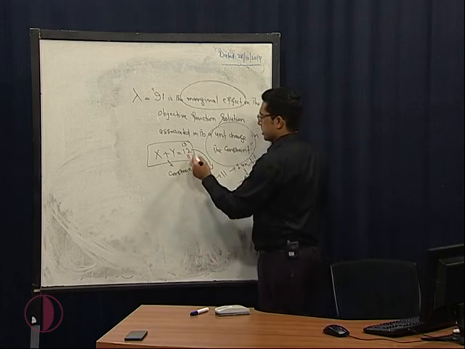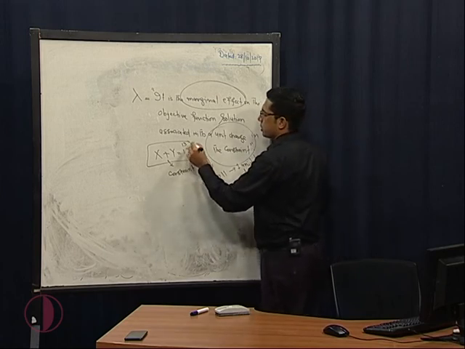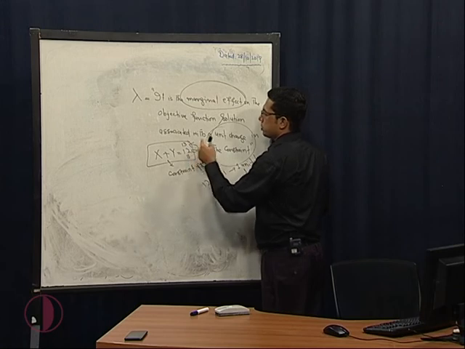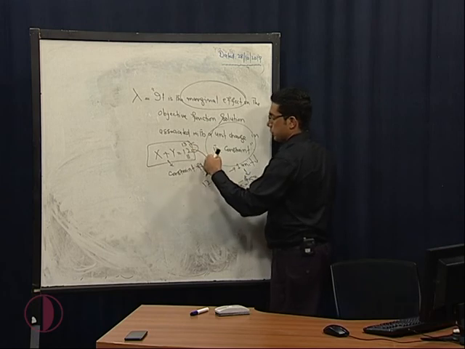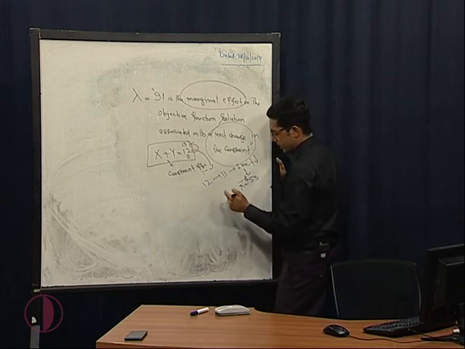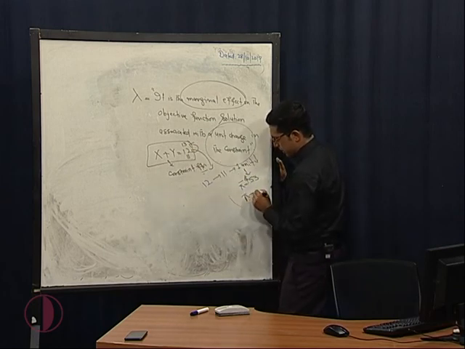If we increase the output capacity from 12 to 13, the total profit of the business firm will increase by $53 with a positive sign.